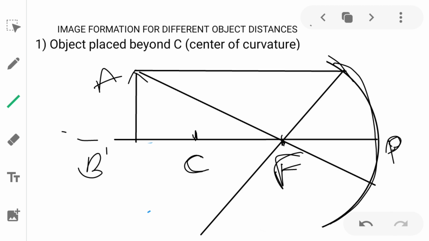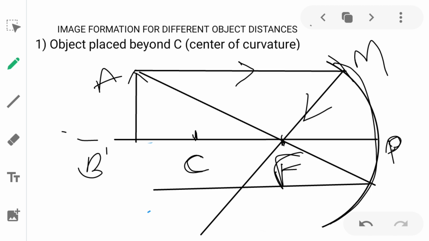After reflection it becomes parallel to the principal axis. Now let me show the direction. This is the first incident ray at M, the reflected ray. This is the second incident ray at N and the reflected ray.